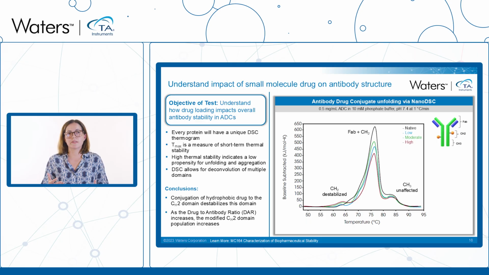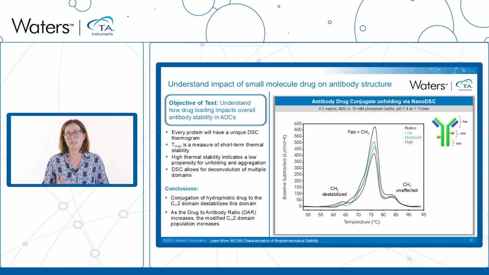This is something that makes sense, right? Because attaching a small molecule to the antibody can cause changes in the overall structure of the antibody and therefore affect their stability. So how do we evaluate if attaching a small molecule affects the antibody structure?